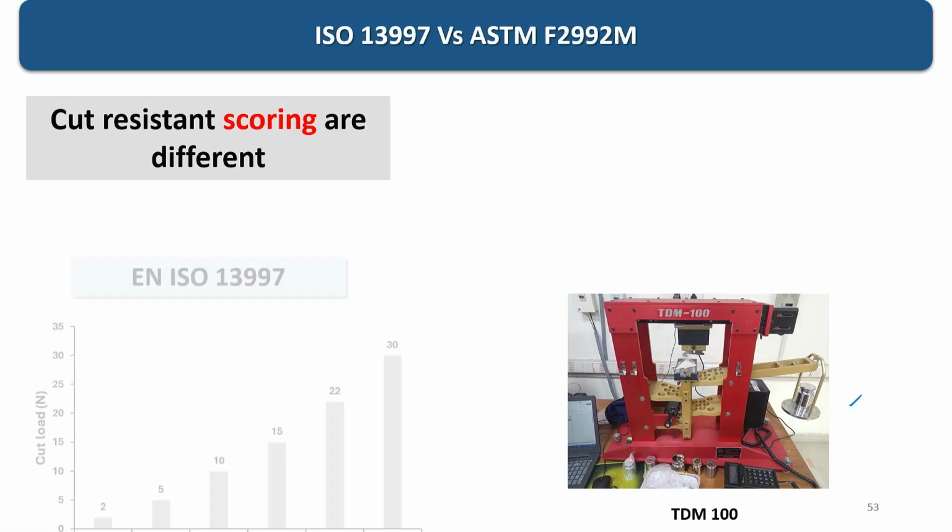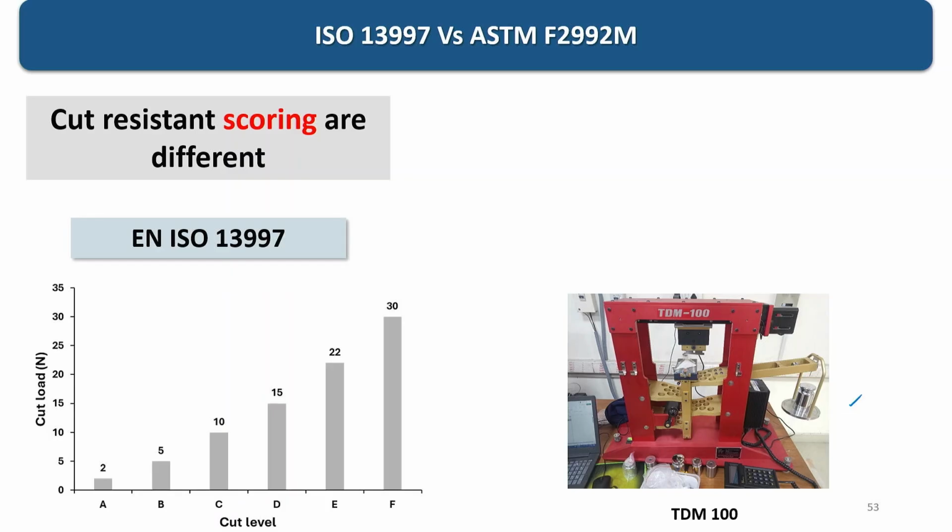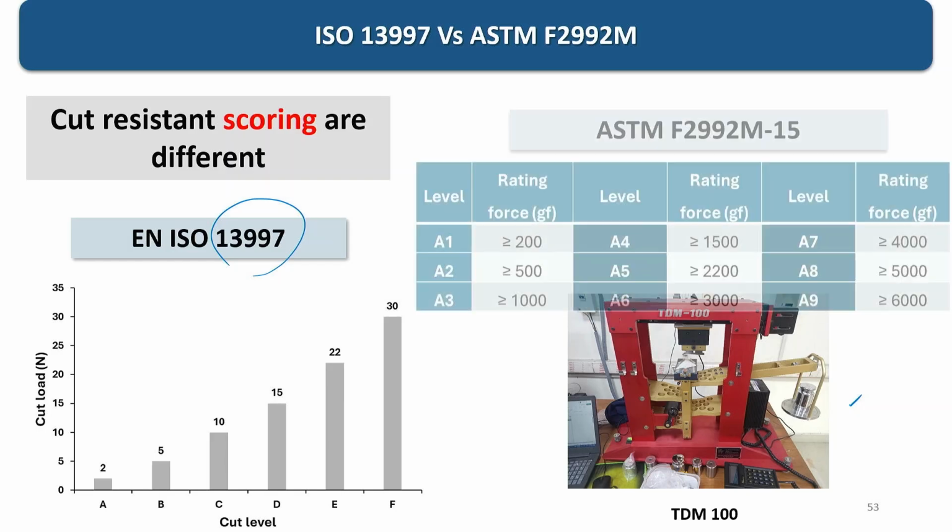Now, let us see for ISO 13997, that is EN ISO 13997, cutting loads are used, as you can see.